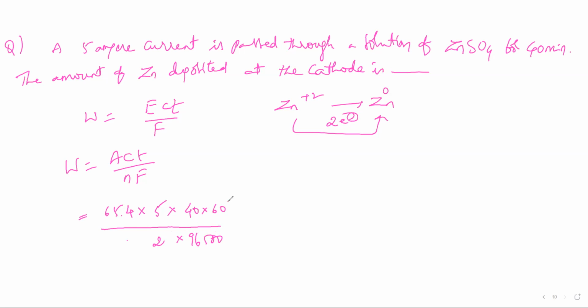Now let me know what you calculate: 65.4 into 5 into 40 into 60 divided by 2 into 96,500.